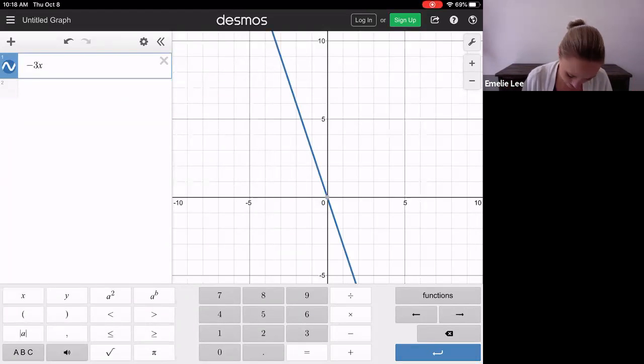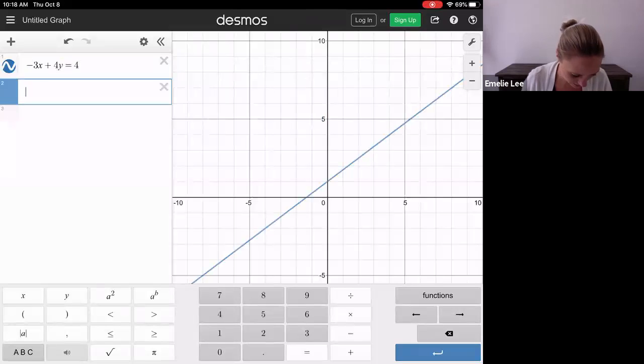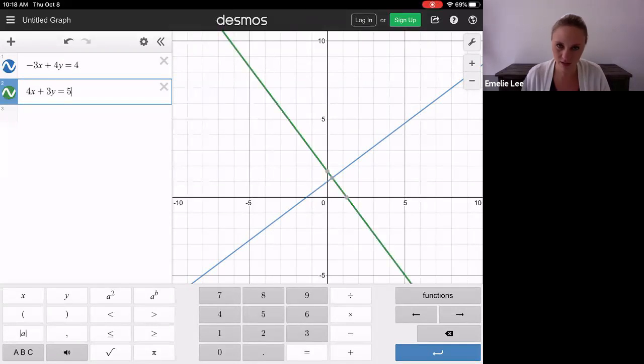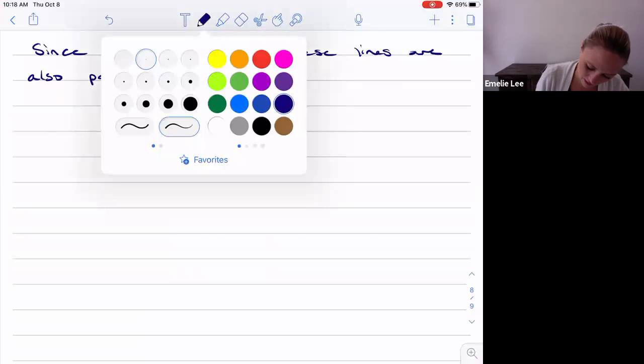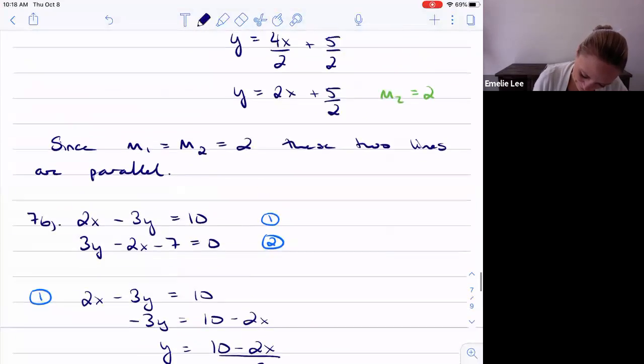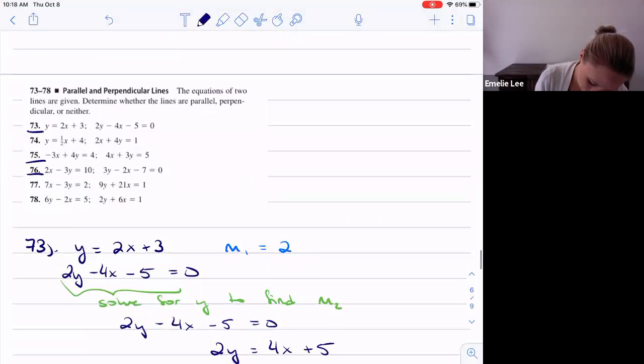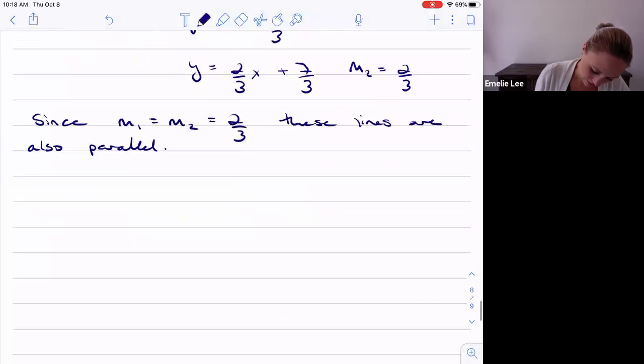Negative 3x plus 4y equals 4. How about that? Trying against 4x plus 3y equals 5. Hey, it looks pretty good. Let's try this one. Which one was that? 75.